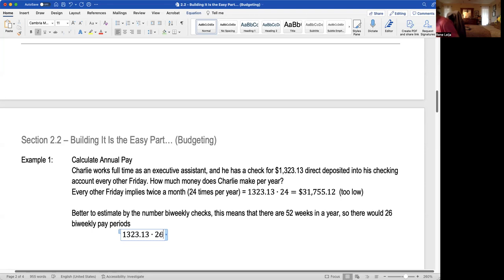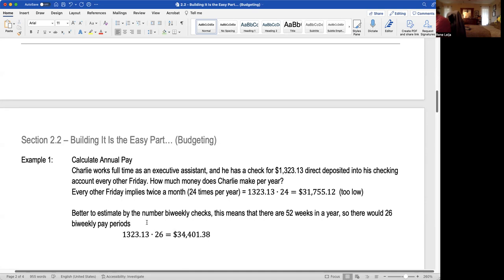Okay. And then calculate this. So 1323 and 13 cents times 26. And this is going to give us $34,401 and 38 cents. Okay. So that's a big difference. Okay. So this is quite a bit more.